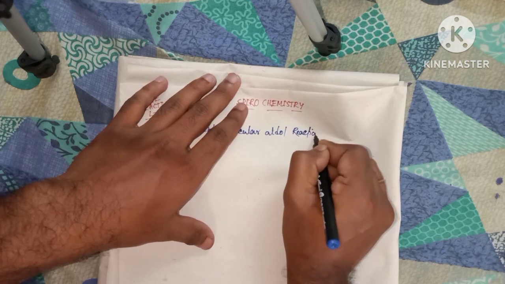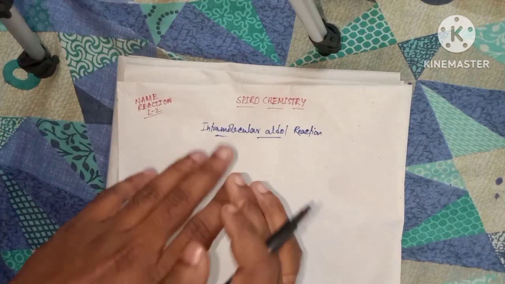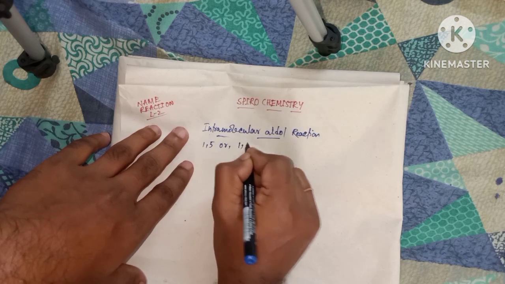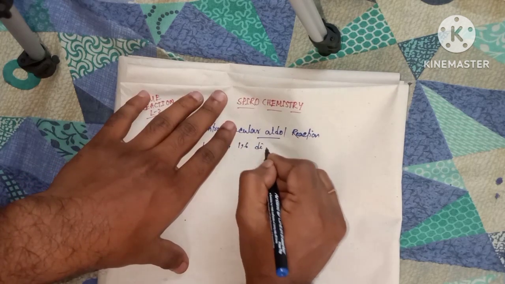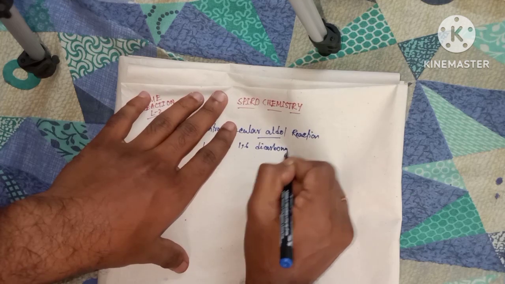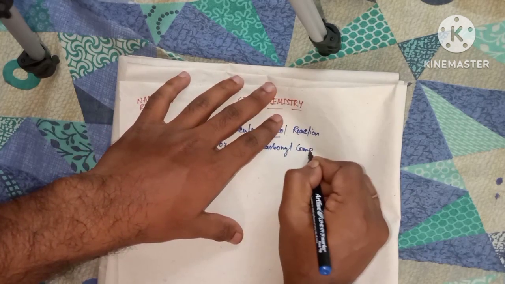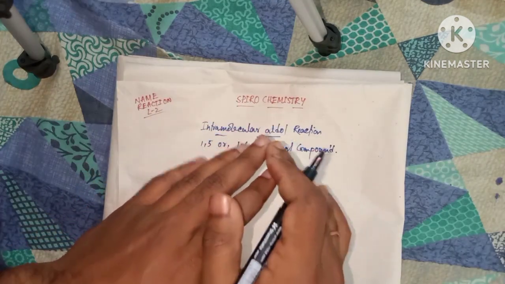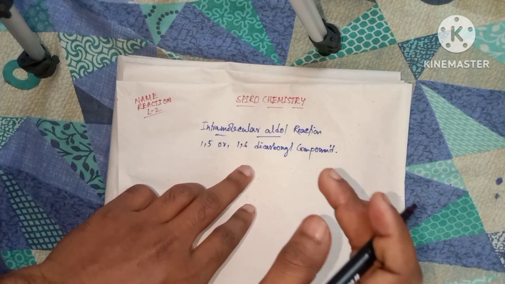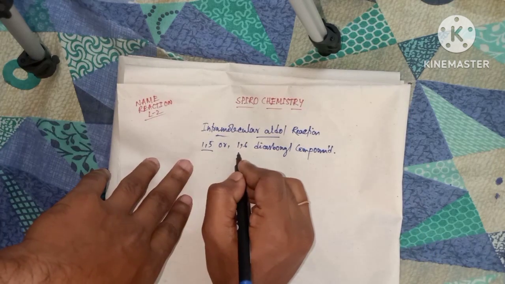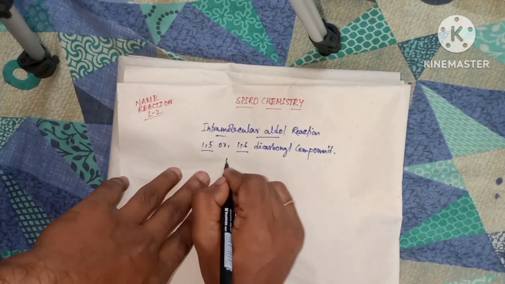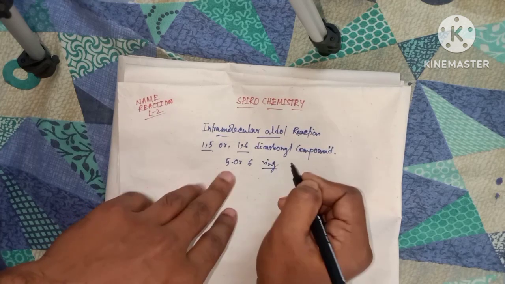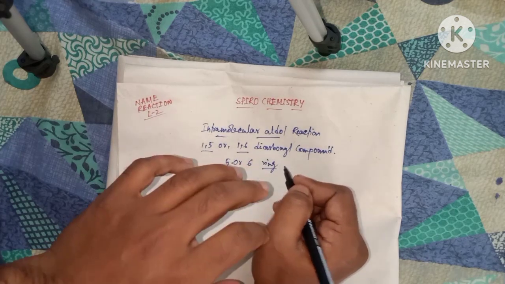In the intramolecular aldol reaction, there is a 1,5 or 1,6 dicarbonyl compound, which undergoes intramolecular aldol condensation and forms a 5-member or 6-member ring. We already know that a 5 or 6-member ring is more stable.